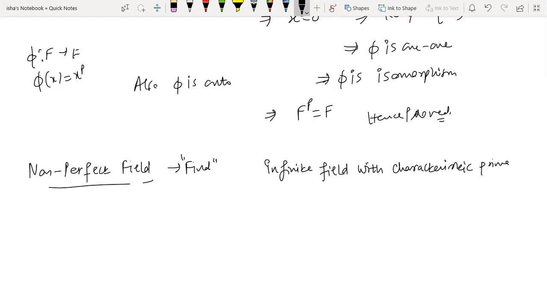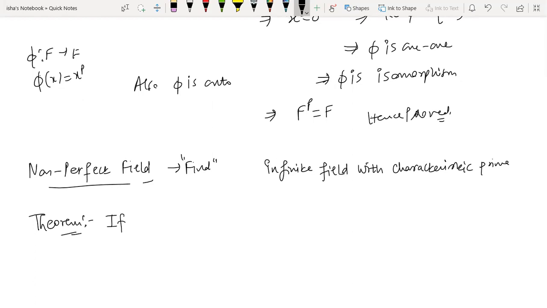Now, why did we study this perfect field? Because it has something to do with multiple zeros. So the next theorem connects the perfect field and the multiple zeros.